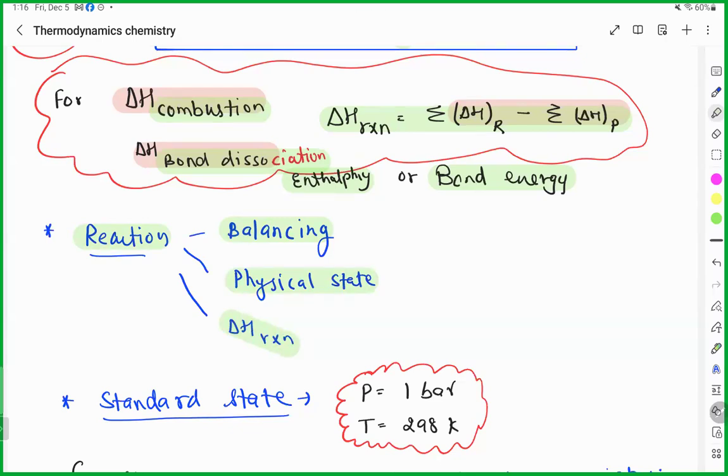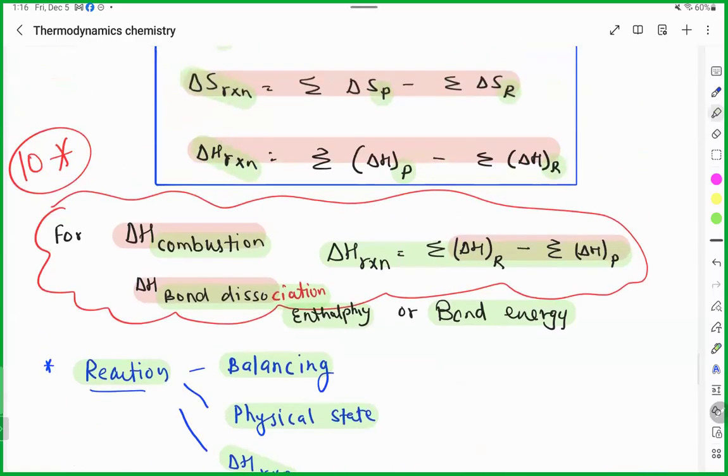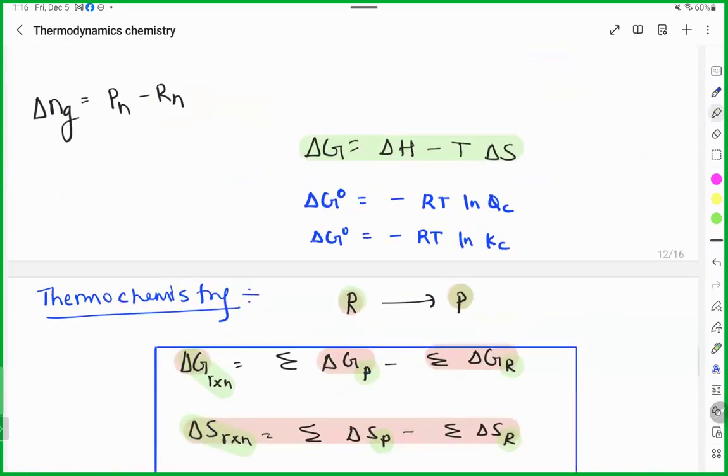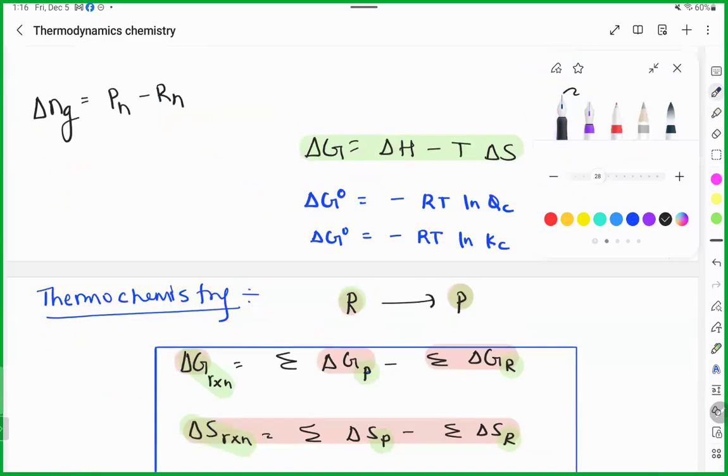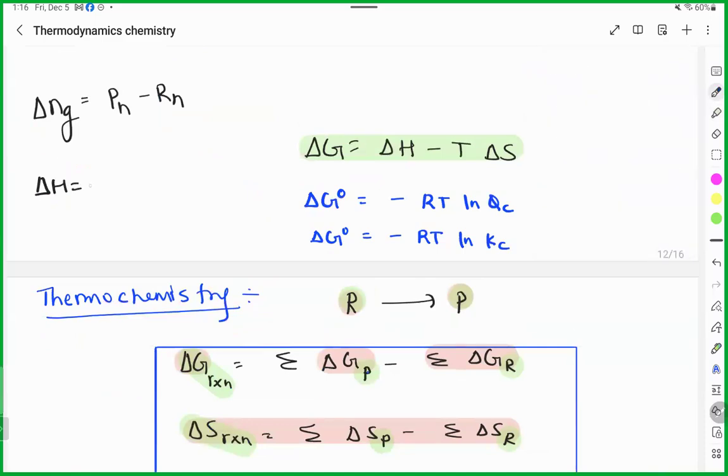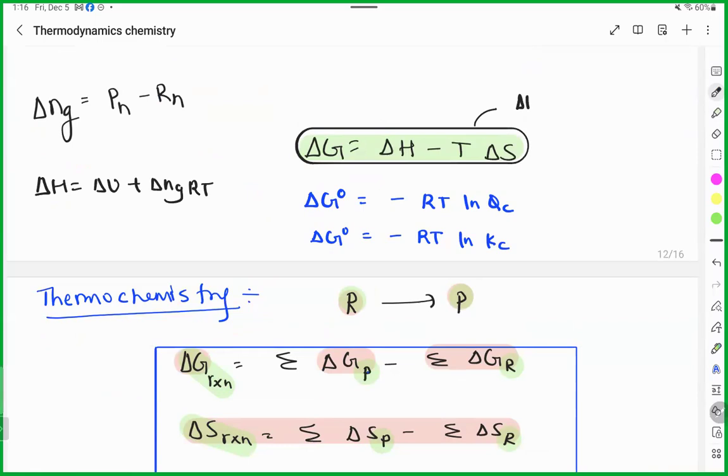The enthalpy formula is, one, delta H is equal to delta U plus delta n g RT. And second, you can calculate from here also: delta G is equal to delta H minus T delta S. Understood? Any doubt?